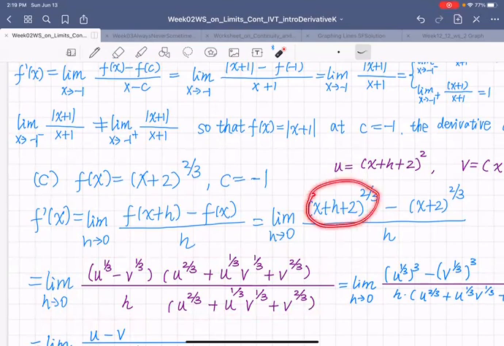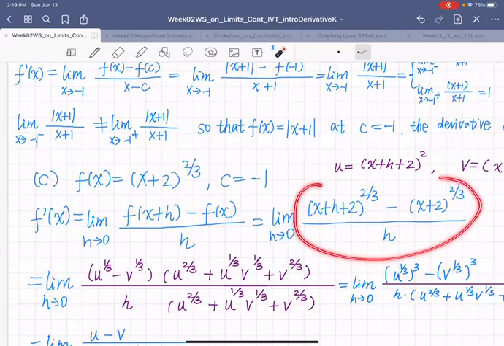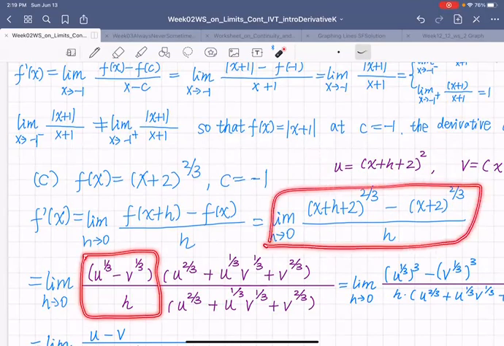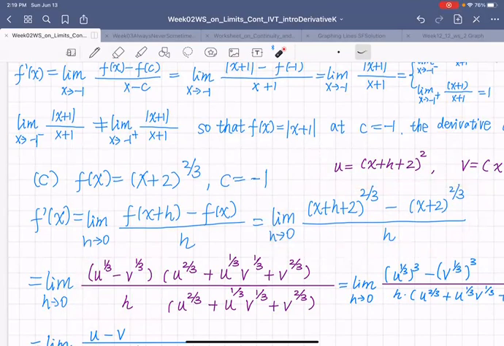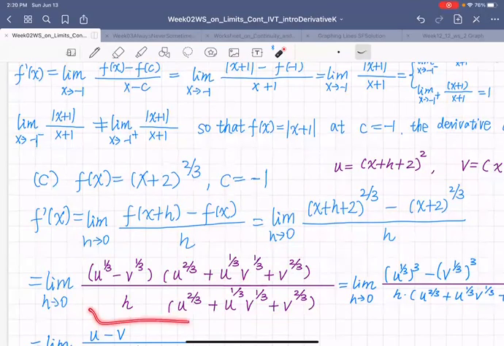This guy is u to the power of 1/3. This guy is v to the power of 1/3. So my original one equals this. This guy is the same as this guy. And I noticed that if I multiply the same thing on the top and the bottom, this one is equivalent to the previous one, correct, Aiden?